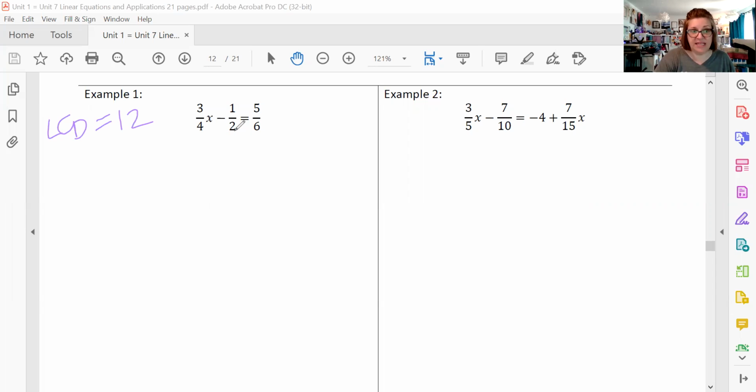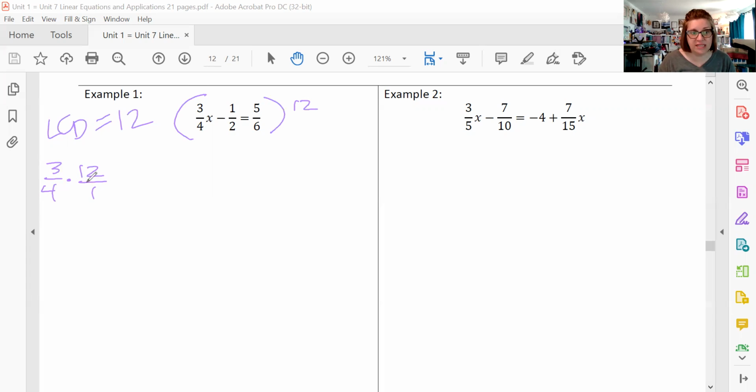But instead of changing them into fractions with the same denominator, I'm going to eliminate the fractions by multiplying this whole thing by that 12.